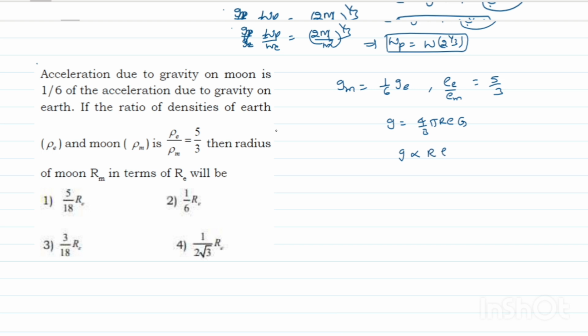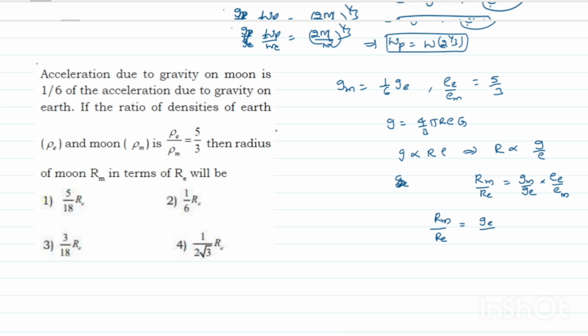So R is directly proportional to g by rho. Therefore, the radius of the moon by the radius of the Earth equals g on moon by g on Earth into density of the Earth by density of the moon.